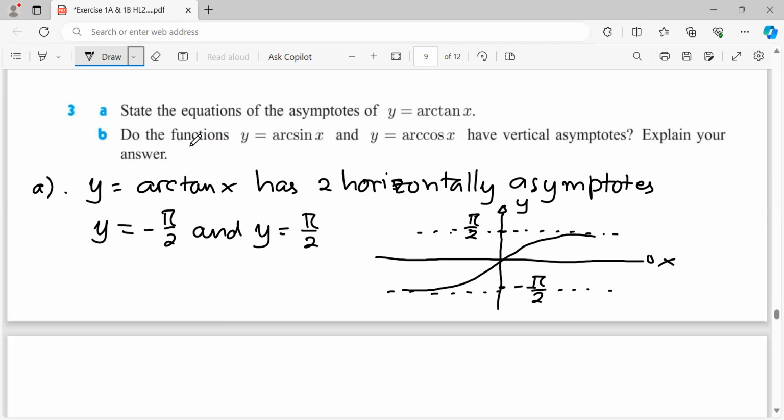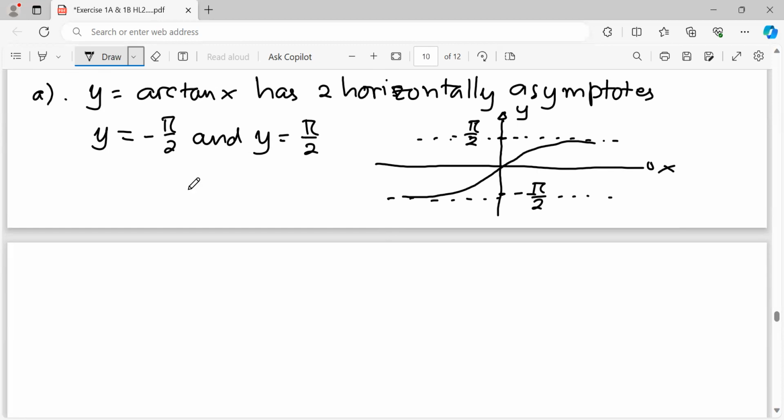Next, B. Do the functions y equals arcsine x and y equals arc cosine x have vertical asymptotes? Explain your answer. There is no asymptote for arcsine and arccosine. Why? Because y equals sine x and y equals cosine x have no asymptote.